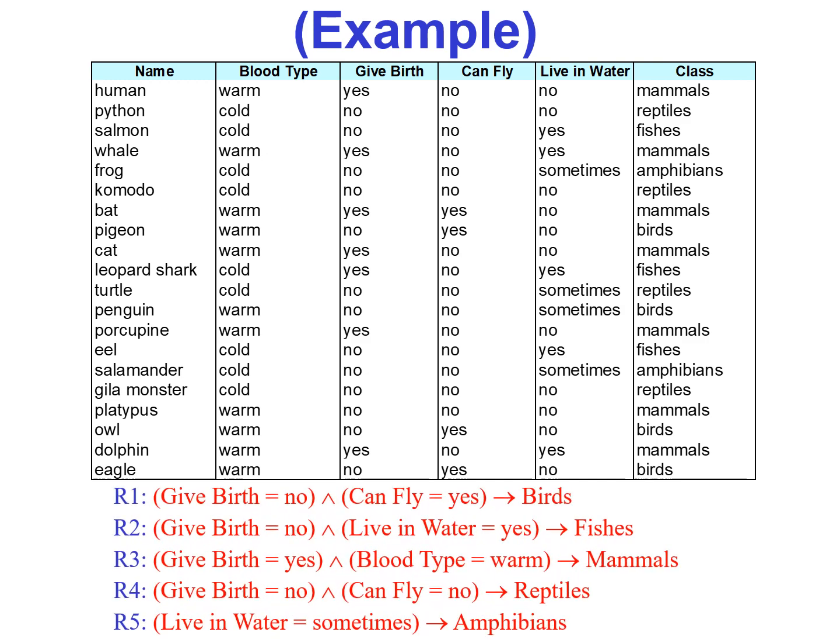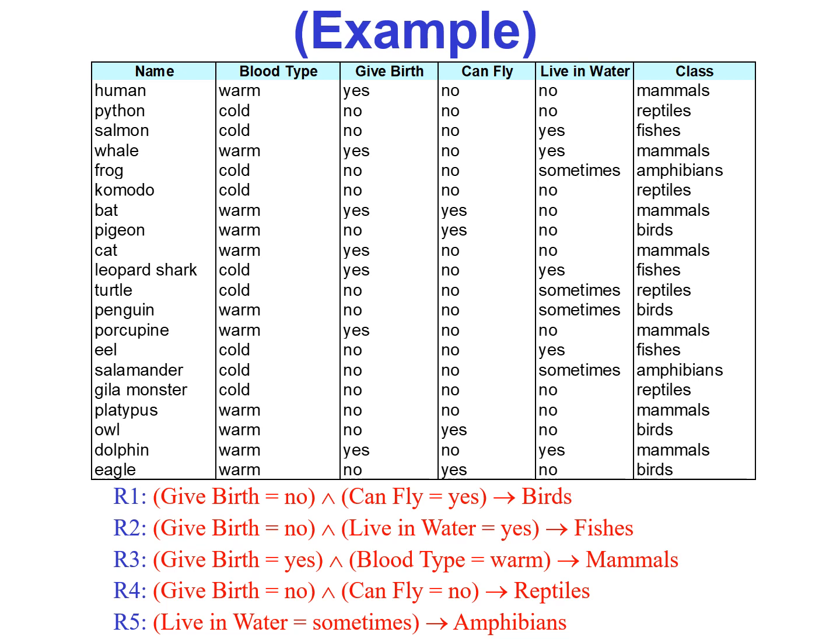So what are the possible rules we can write here? Rule 1: give birth no, can fly yes, then we can say bats, because bats lay eggs. So that is one rule, R1. Similarly, another rule: give birth no, live in water yes, definitely fishes. Then give birth yes and blood type warm, then we can say it is mammals.